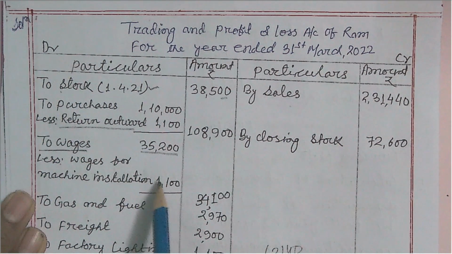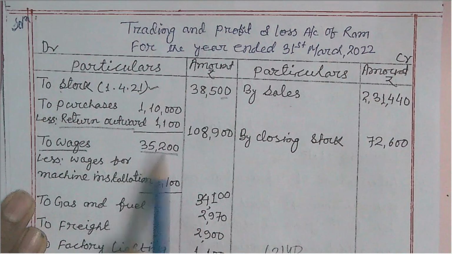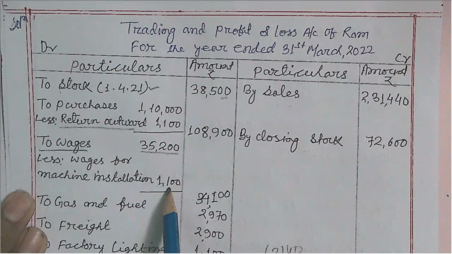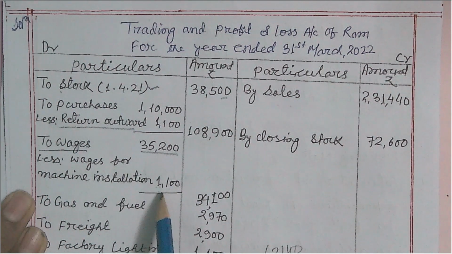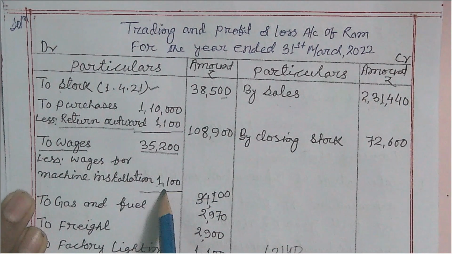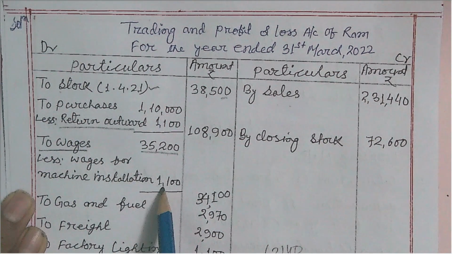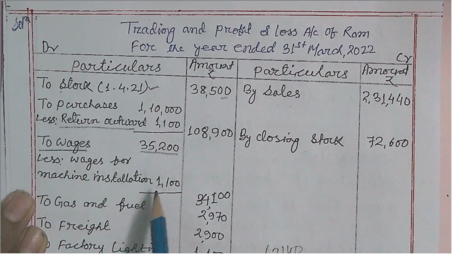That means this 1,100 shall be added to machine cost, not to wages. It was debited to wages, so in 35,200 rupees 1,100 is also included, but this 1,100 we should add to machine cost, because at the time of installation or setting up of new machine, any expenditures incurred are capitalized, means added to the cost of machine.